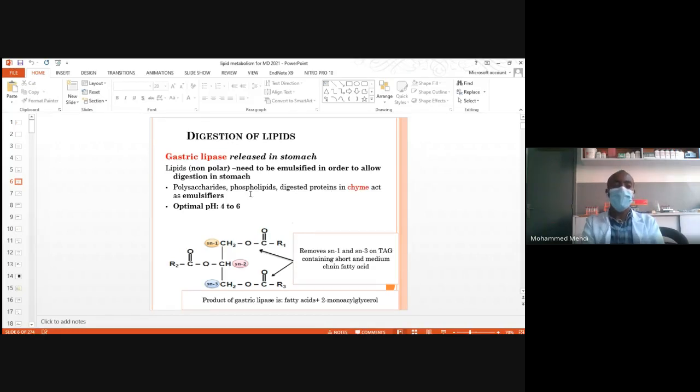The optimum pH again is between 4 to 6. This is an acidic pH found in the stomach, and it gives the optimal working condition for gastric lipase enzymatic digestion.